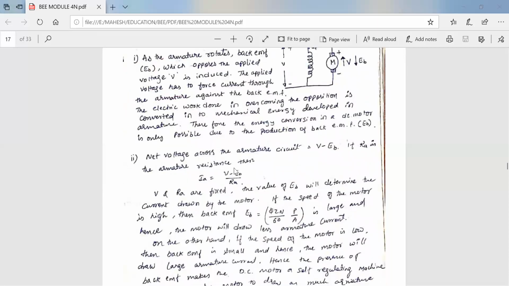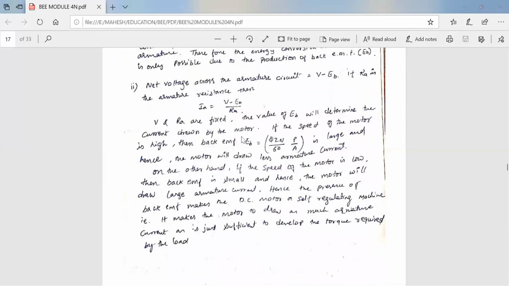From the equation, the applied voltage and the armature resistance are fixed. So the value of Eb will determine the current drawn by the motor. For example, if the speed of the motor is high, then the back EMF is large, and hence the motor will draw less armature current.